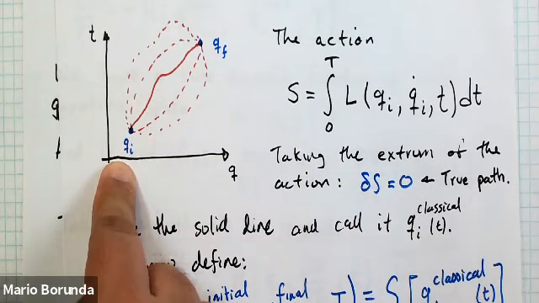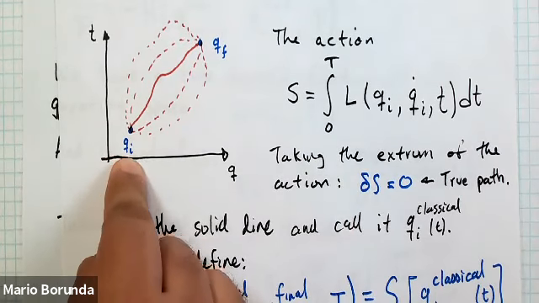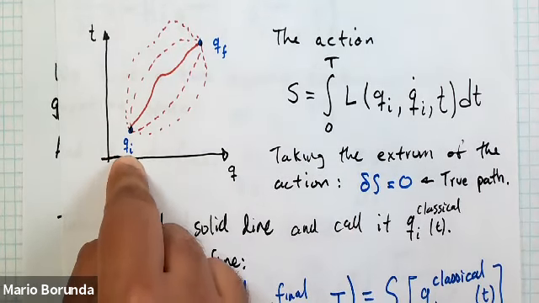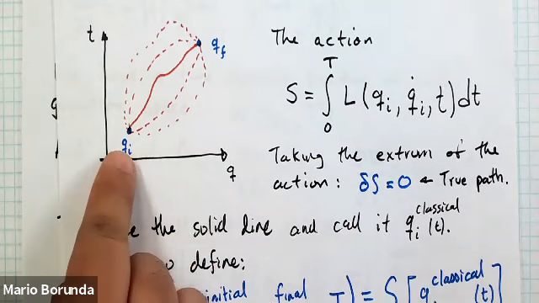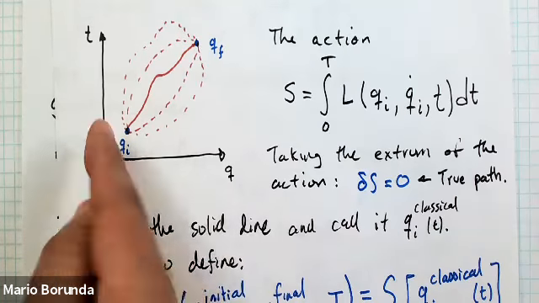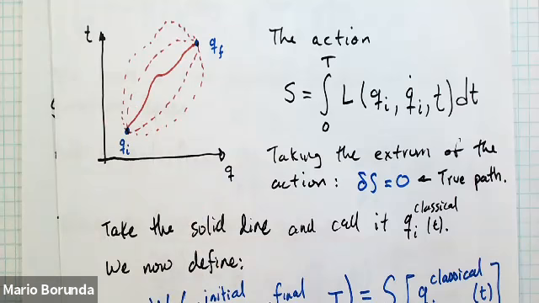This starting point, Qi initial, is an integration constant. So whatever space you're in, if this is three-dimensional, those will be your three integration constants.